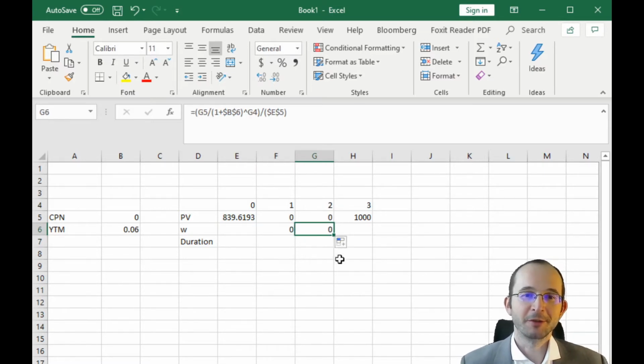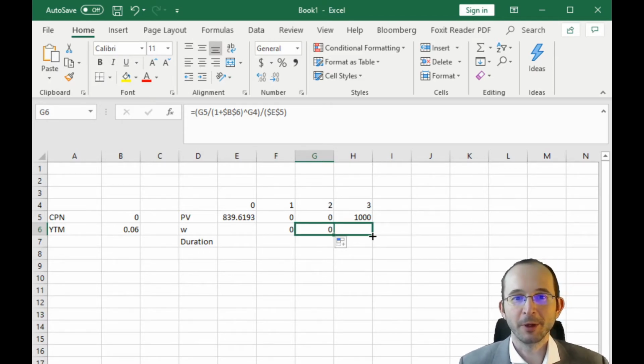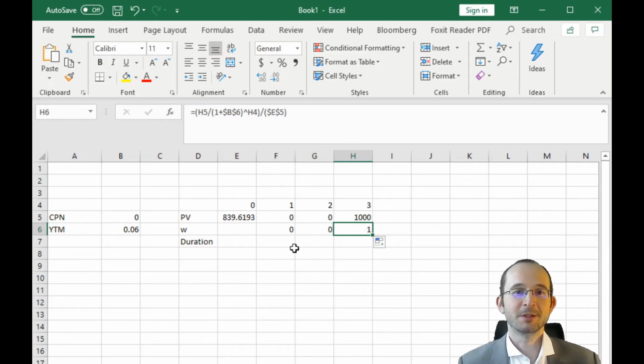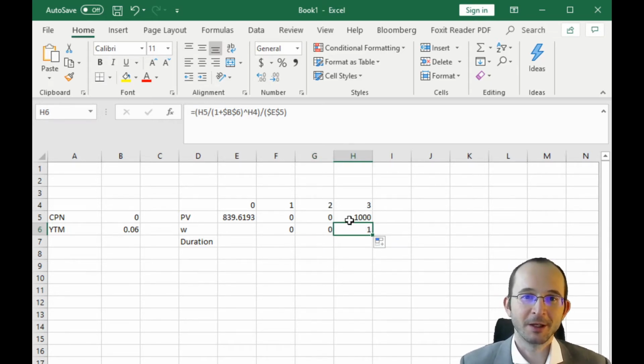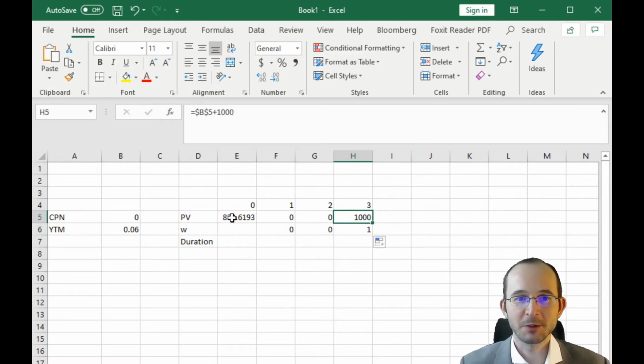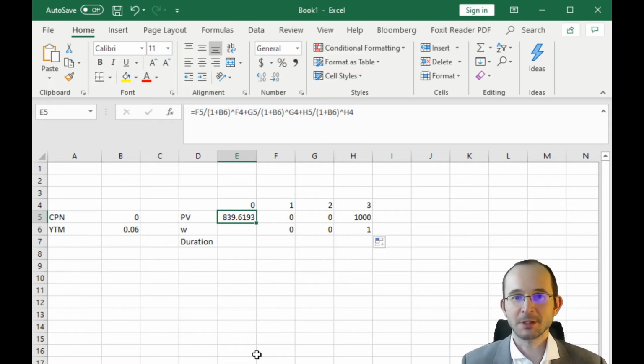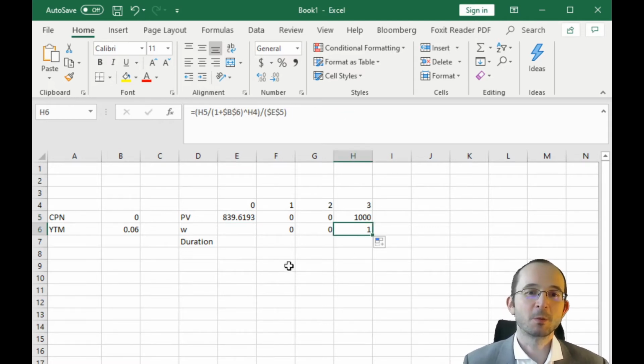The proportion of the year 2 cash flow is also, of course, 0. And what about the year 3 cash flow? Well, that one is 1. Because in the year 3 cash flow, the future value is 1,000. Its present value is 839.61. And that, of course, represents the entirety of the present value of that bond. So the weight is 1.